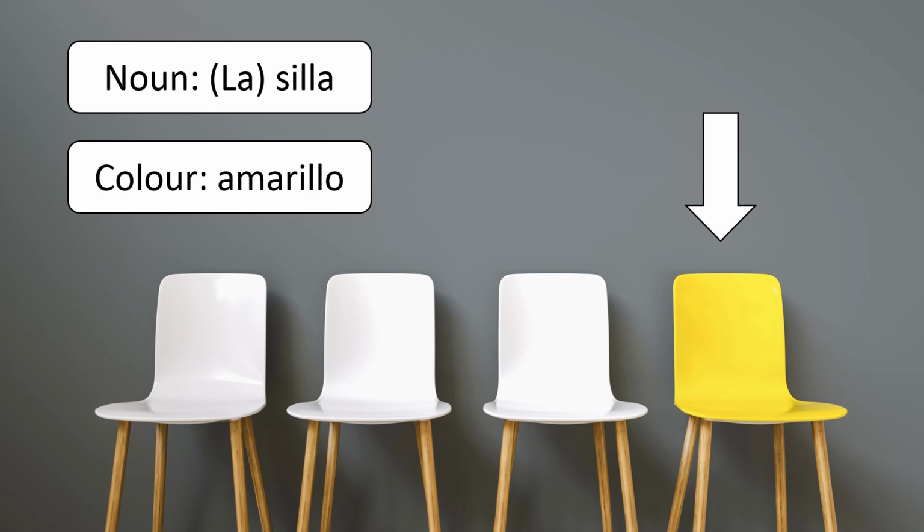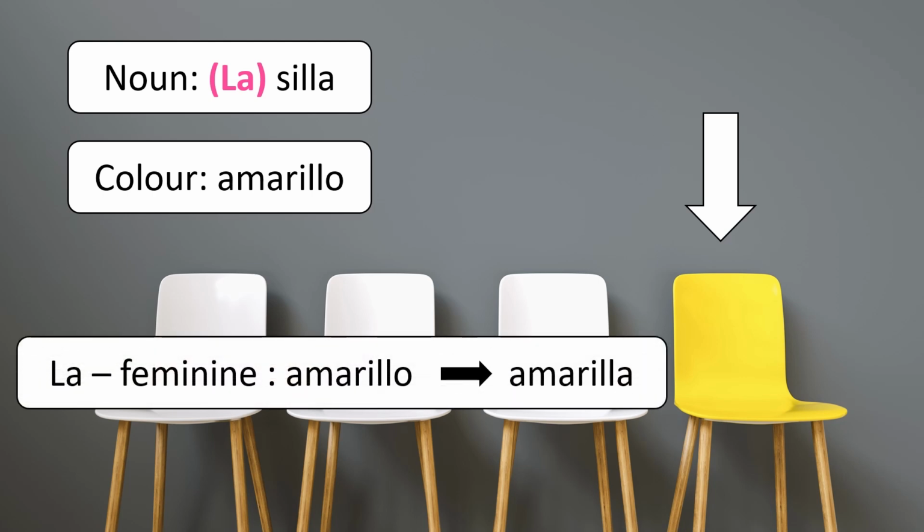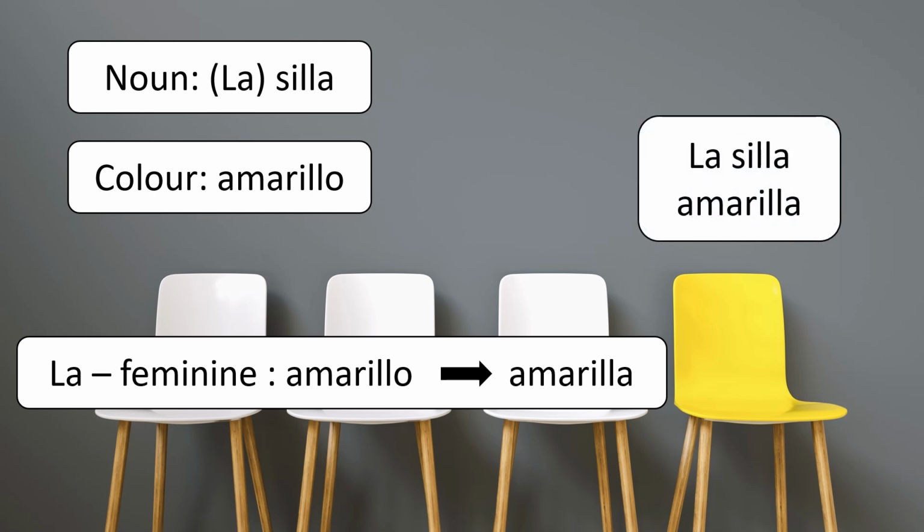However, since silla is feminine, as per the la at the beginning, the O changes to an A to reflect this. So amarillo becomes amarilla. So the answer is la silla amarilla.